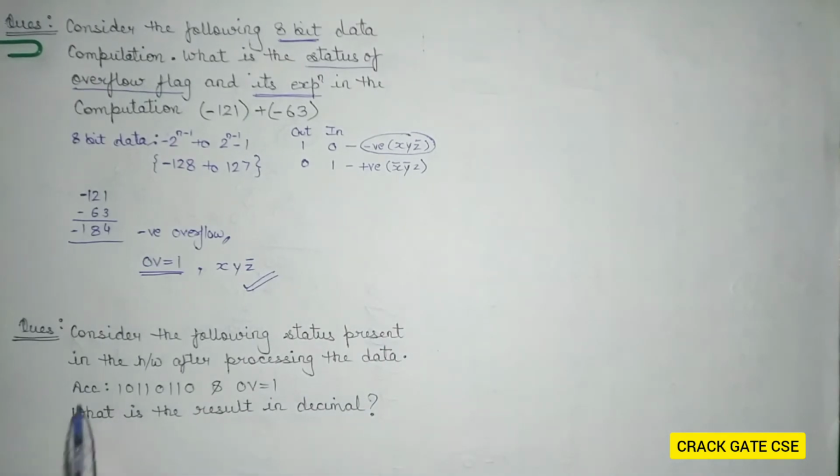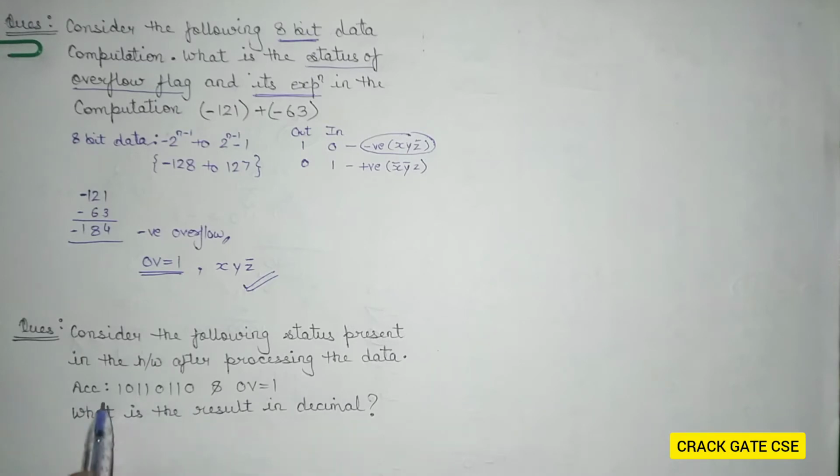Now quickly move on to the second question, which says: consider the following status present in the hardware after processing the data. We have this value in the accumulator and this one in the overflow flag, which means the overflow is set. They are asking what the result is in decimal.